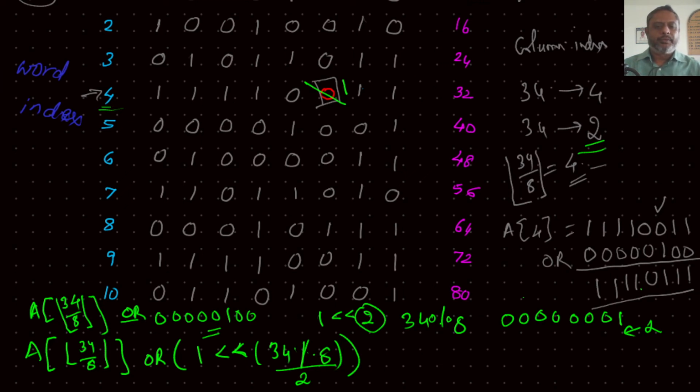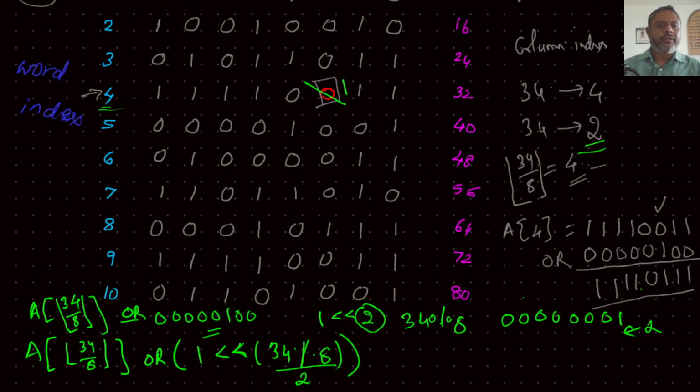So at this position, you just OR this whole word with 1 at the position number 2. Then we get only this particular thing changed to 1.